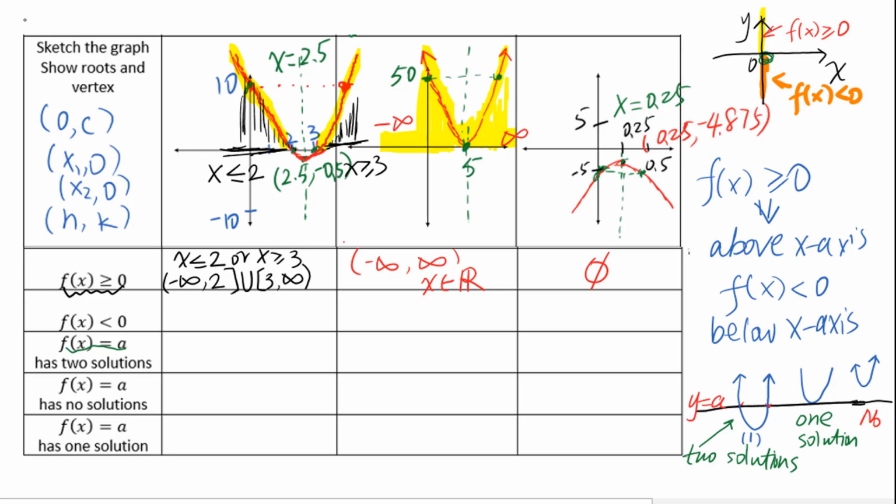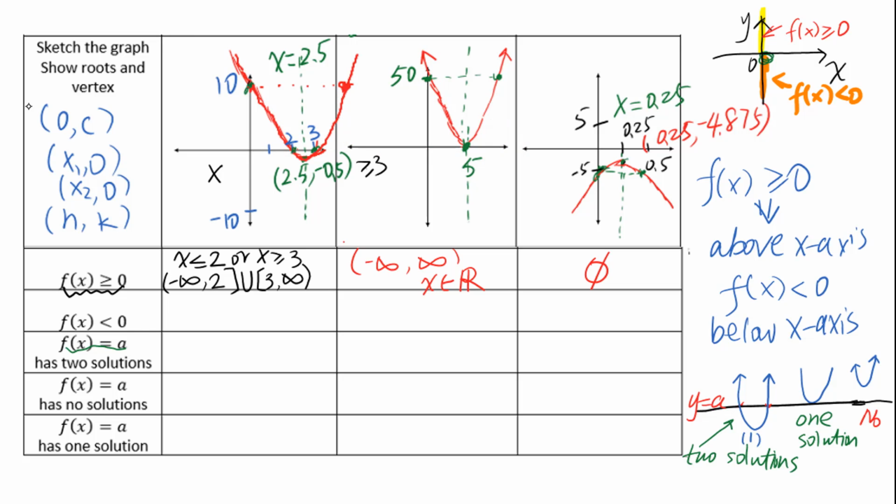For f of x less than 0, which means below the x-axis, from here to here, this part will be x greater than or equal to 2 and less than or equal to 3. Or you can use this way to show the interval.